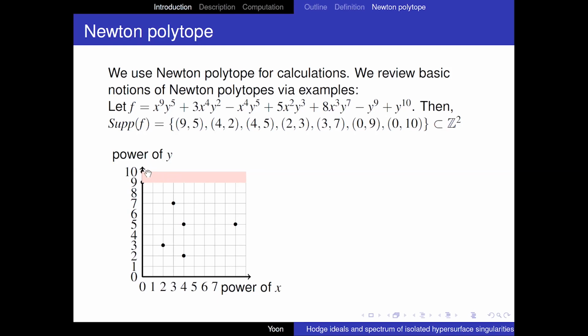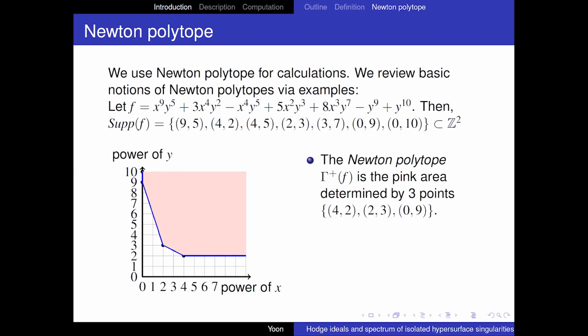plus each point. For the point 0,9, you have this one. For the point 3,7, you have this area, and so on. Finally we make a union of them, and then we take the convex hull of them.